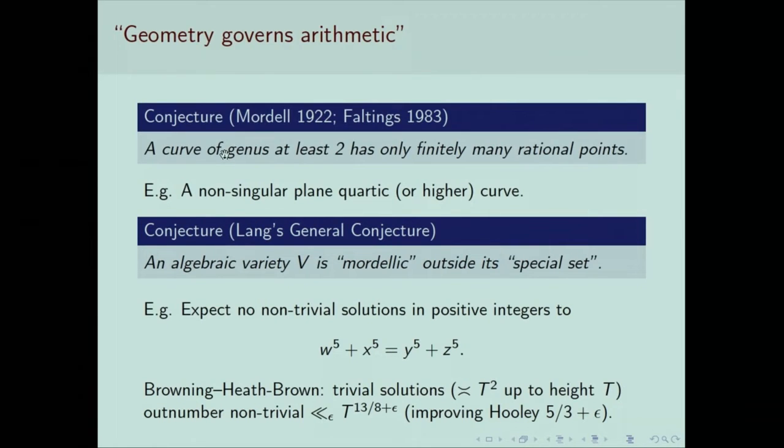So there was a result of Hooley, and it was improved by Browning and Heath-Brown. And this, at least, counting solutions by height, gives you some indication that the solutions find it less hospitable away from the special set. So that's some kind of example of counting.